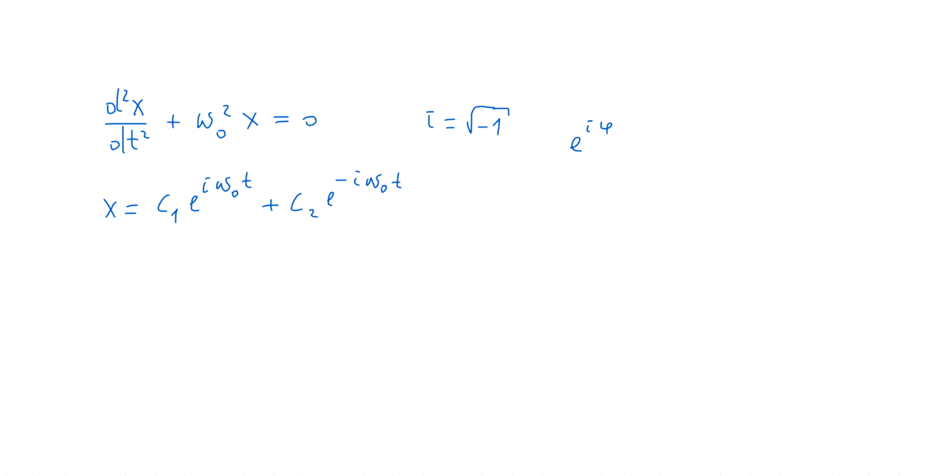Euler's formula: e to the power of i phi is equal to cosine phi plus i sine phi. Okay, so let's use this formula, Euler's formula, to transform our solution.